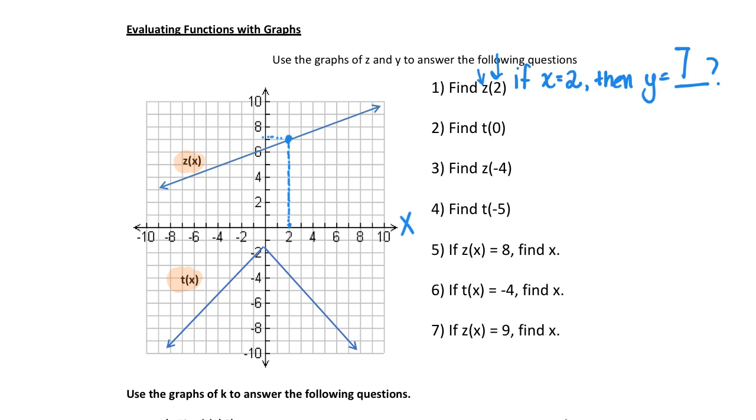Now we're going to find t of 0. So this is asking us if x equals 0 on specifically the t function, then y equals what? So we'll go to x is 0. Now we're going down to t. If x is 0, then the y value there would be about negative 1.5.